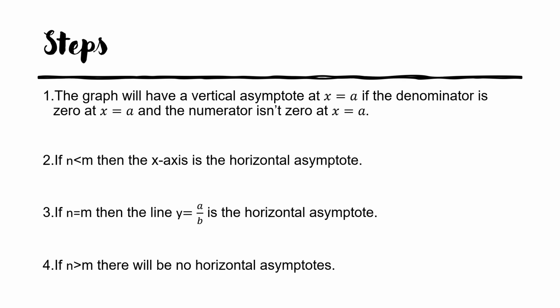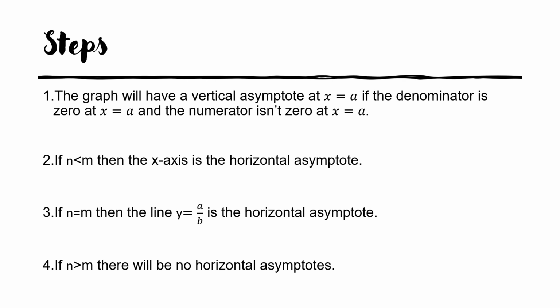Number two, if n is less than m, then the x-axis is the horizontal asymptote. If n equals m, then the line y equals a over b is the horizontal asymptote. If n is greater than m, there will be no horizontal asymptote.